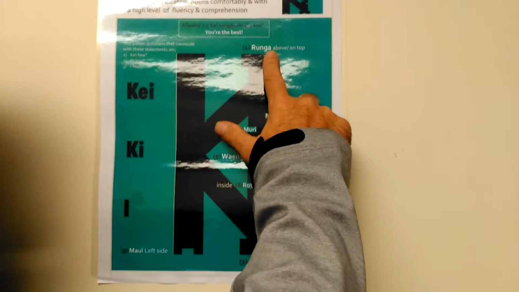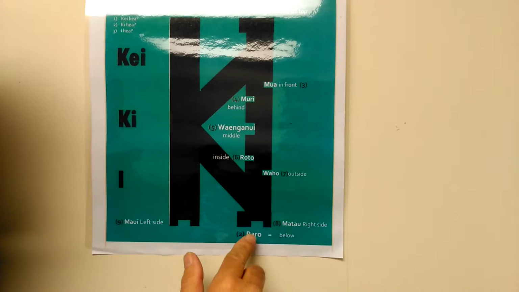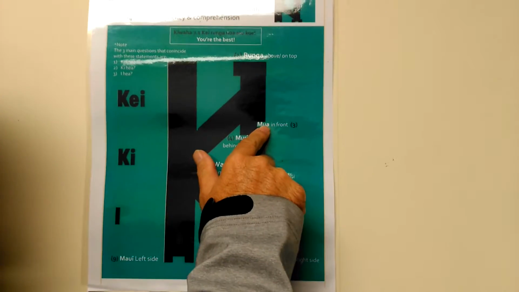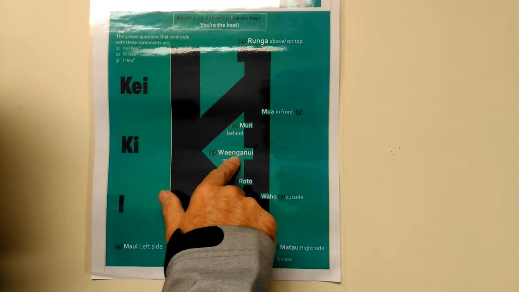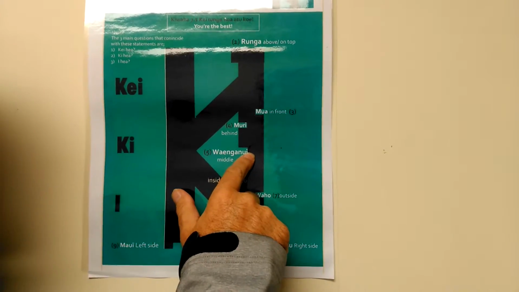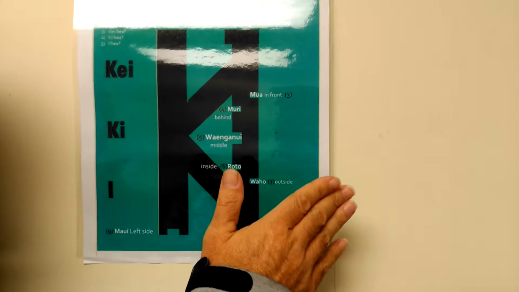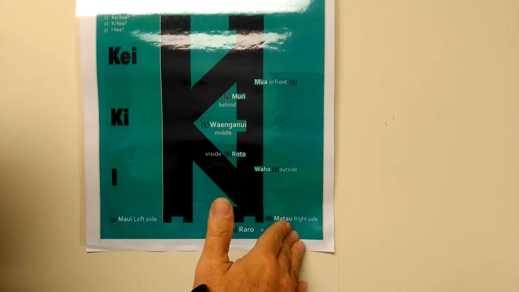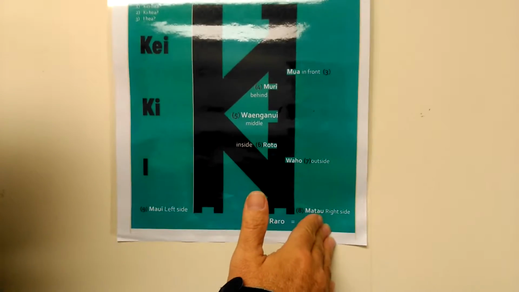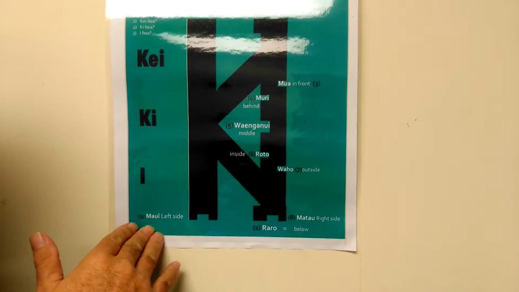So what we have is runga, above, raro, below, mua, in front, muri, behind, wainganui, in the middle of, roto, on the inside of, waho, on the outside of, taha matau, on the right side, taha maui, on the left hand side. So we also have some reo āringa to assist you with that.